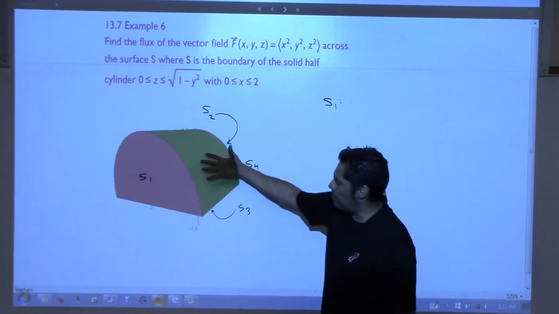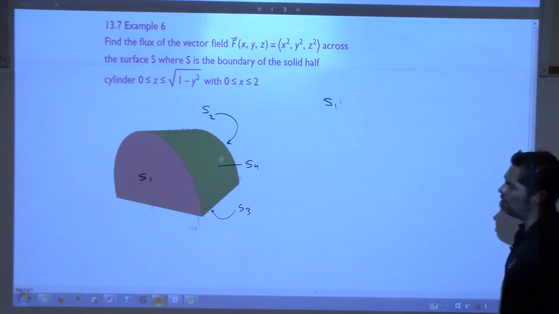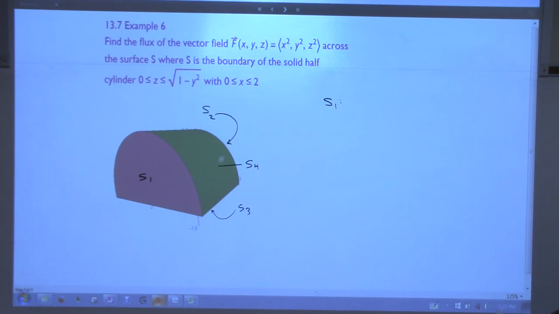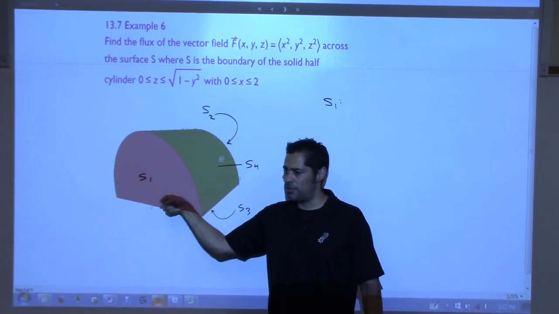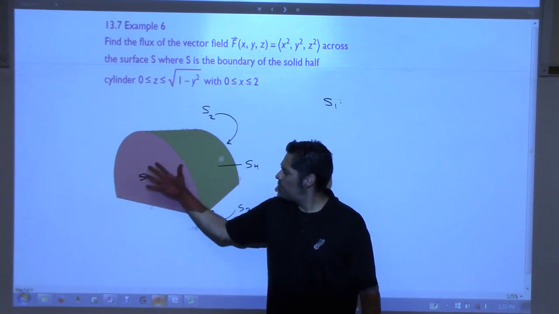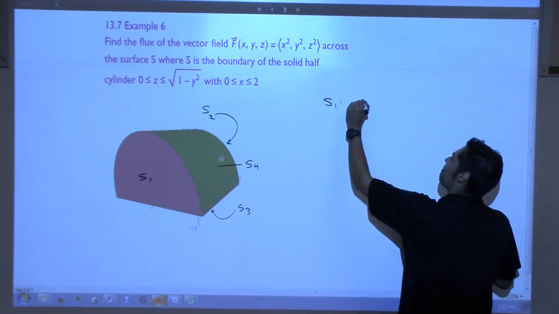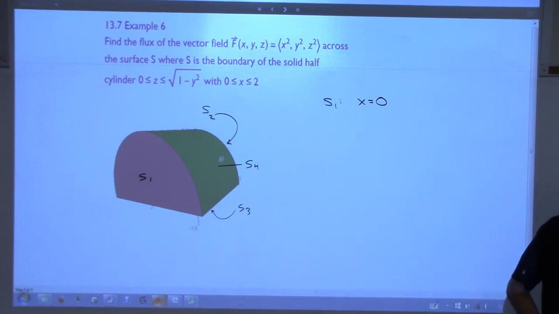It's the face, it's on a plane, right? What's the plane that lives on? X is 2, because our x values, x is coming out at us, okay, everyone? So x is 2 is this one. So if I'm going to try and find the flux through that surface, maybe I can do the same thing I just did in the previous example.